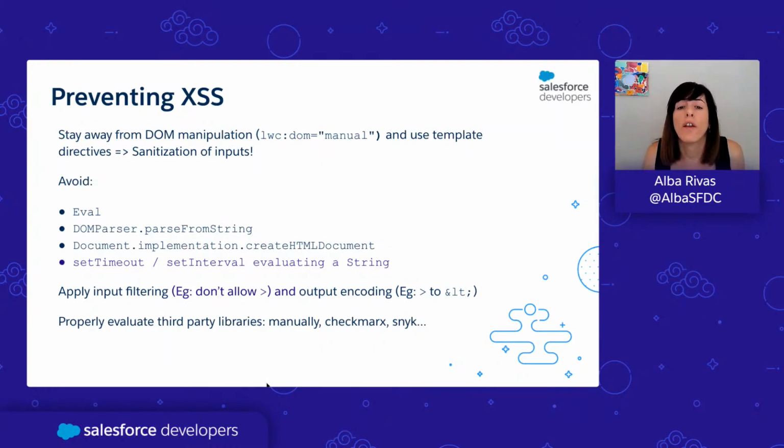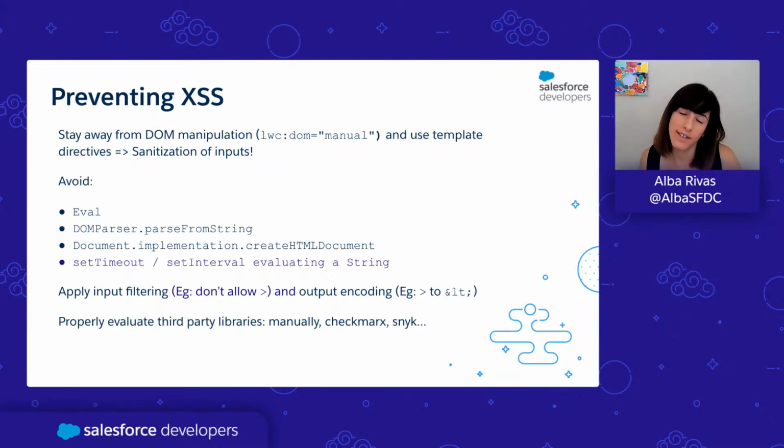And what you can do is to filter the inputs, but also the outputs. Remember that your vulnerabilities may come from the database, right? From the backend. And finally, if you are going to use third-party libraries, if you need to use LWC DOM manual because you are using a graphics library, for instance, that you strongly need to use, right?